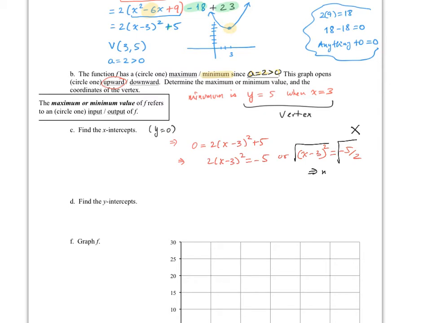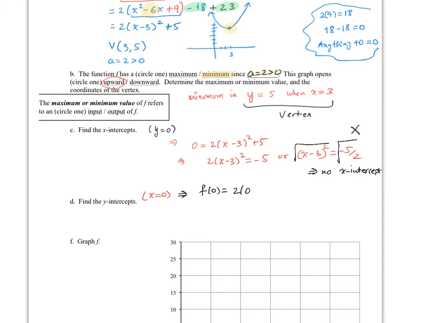So this implies no x-intercepts. Usually you will have 2, but in this case there is no x-intercept, and it will be clear when we do the graph. Now the y-intercept means that x equals 0. So if you plug in x equals 0, this is the same thing as finding f of 0.